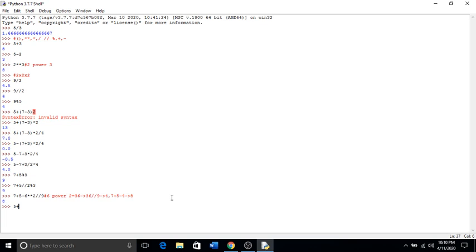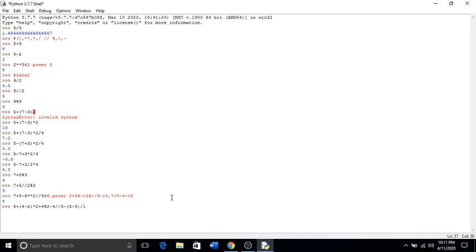5 plus 4 minus 2, then into 2 plus 4 mod 2 minus 4 integer division 3 minus 5 minus 3 divide by 1.